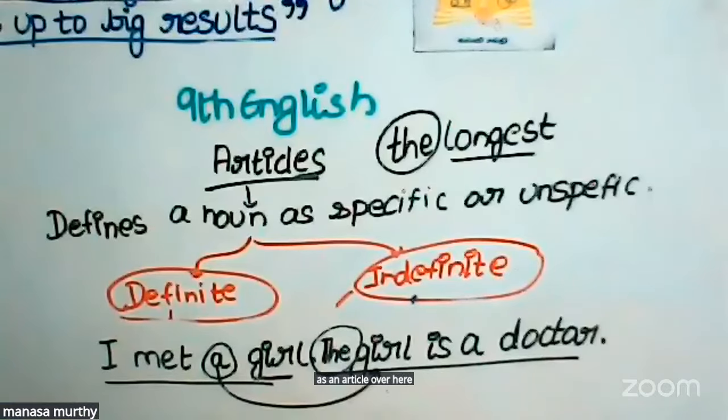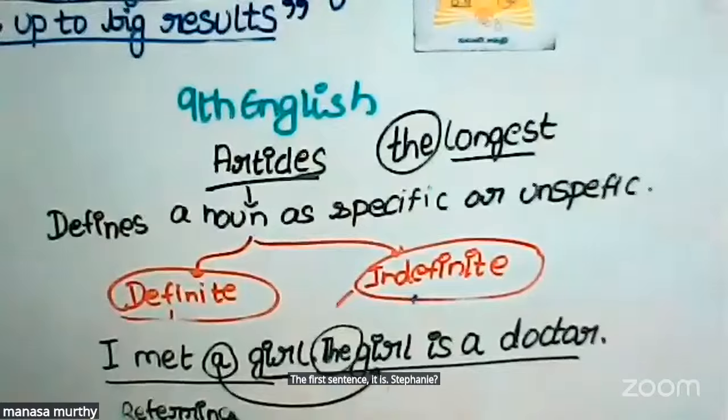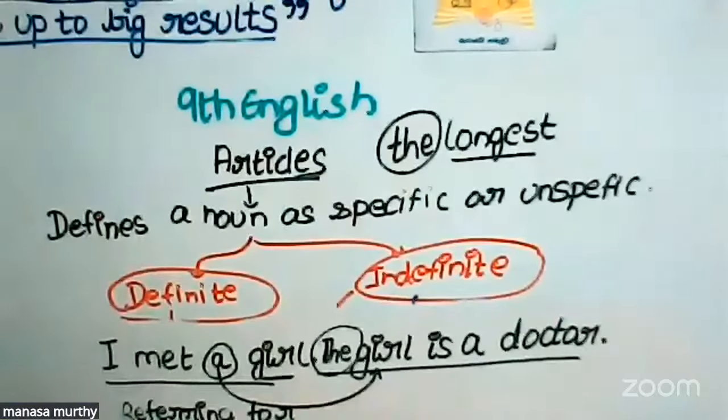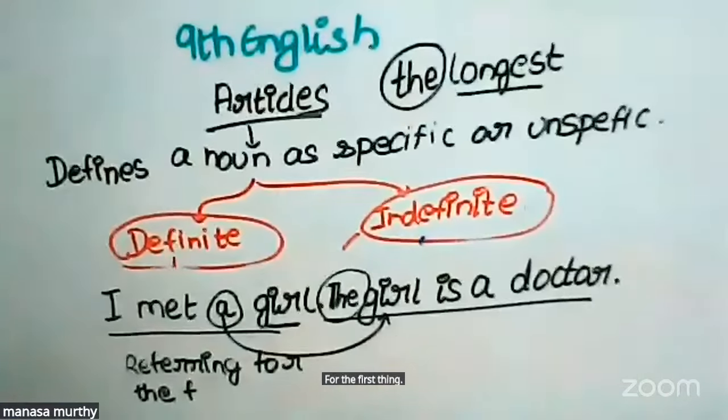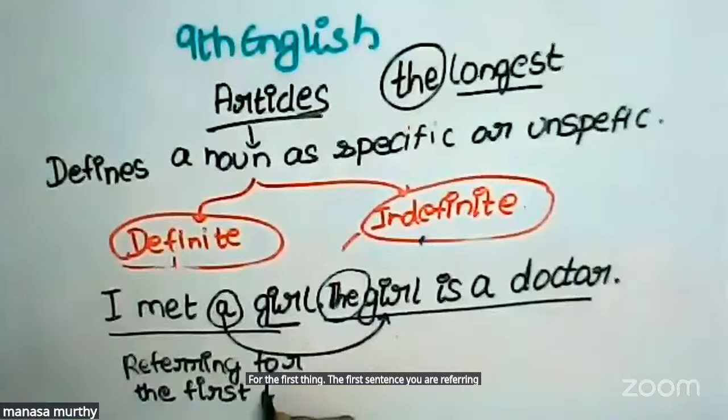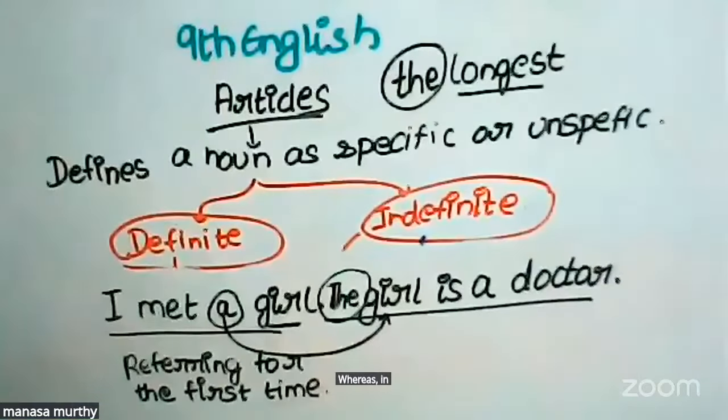First time, notidra when you are doing, you are referring to something for the first time. In the first sentence, you are referring to this girl for the first time. Whereas in the second sentence, what is the scenario?